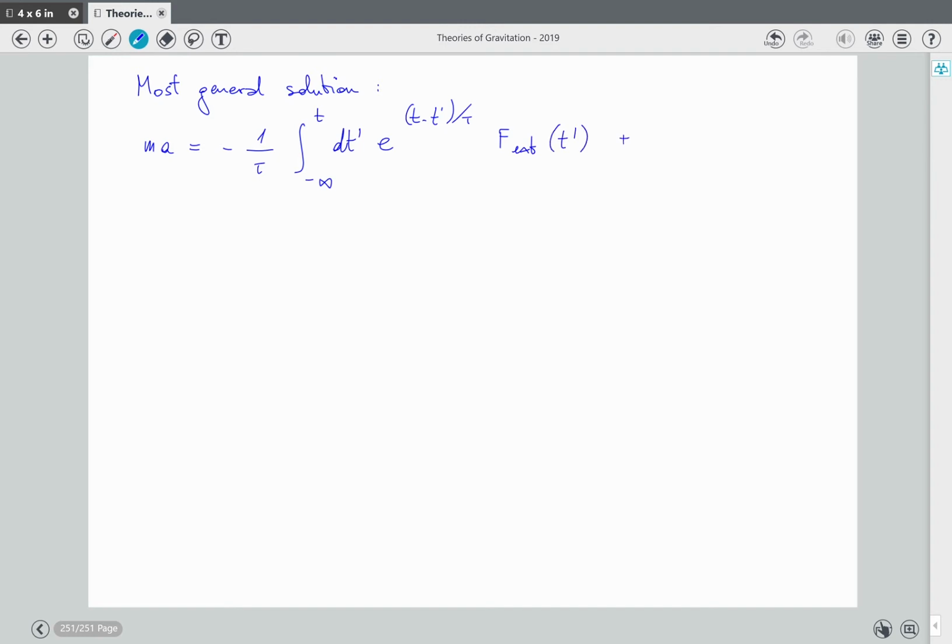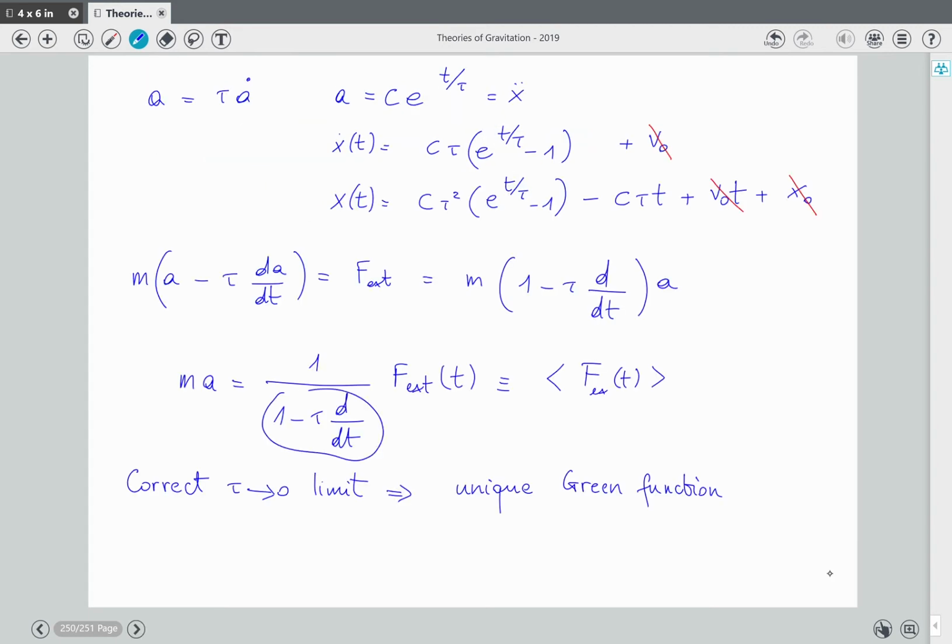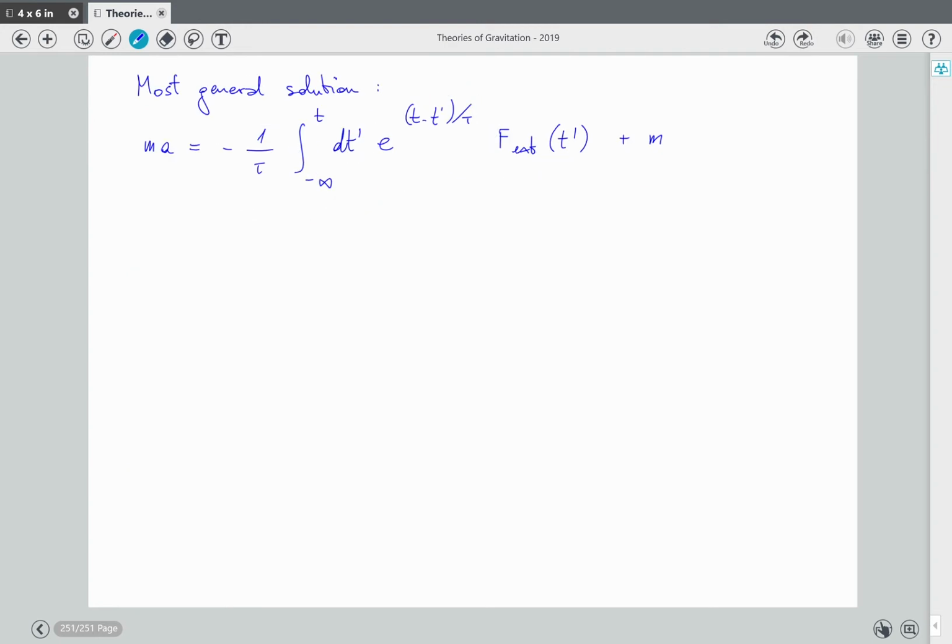And then the arbitrary constant. This is the green function basically of, here you can check that when you apply 1 minus tau d over dt, you get the delta function. You can check that this is a solution indeed. But this is a particular solution, so you get one arbitrary constant, and we isolate it like that, and that arbitrary constant multiplies the runaway solution.